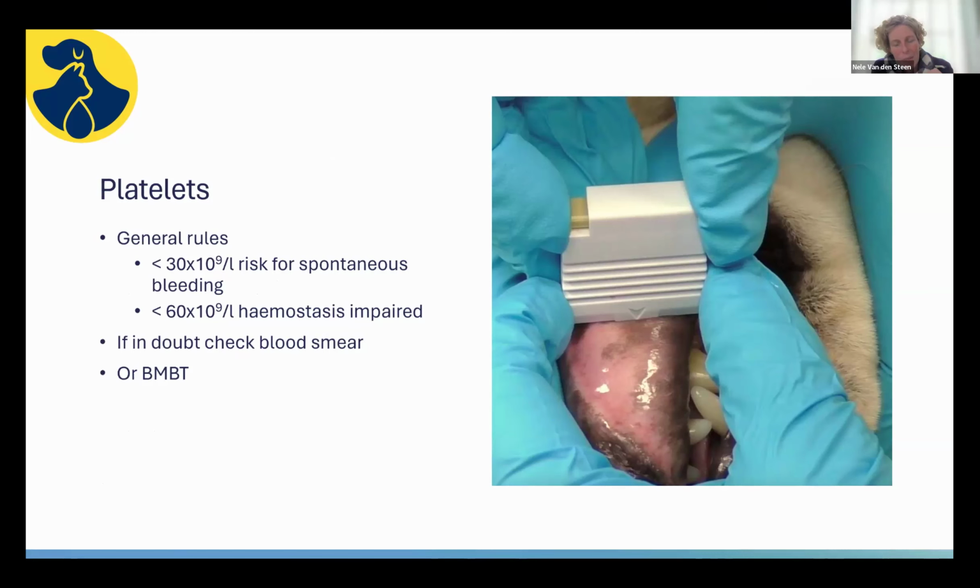To get an accurate platelet count, you'd have to send it to the lab to have a look at a blood smear, or you can have a look at a blood smear in-house as well, which is what we will often do if we want to have an idea here and now.